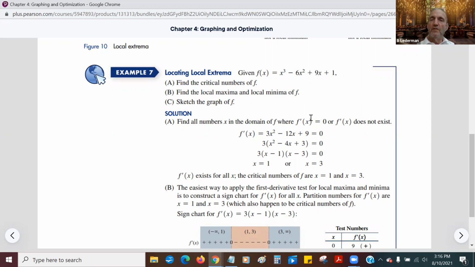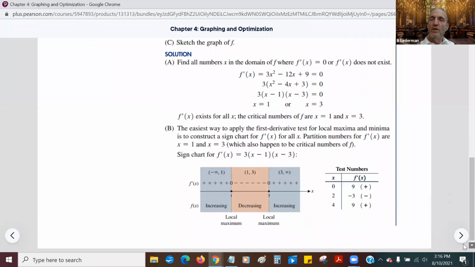So I take the derivative of the original function and get 3x squared minus 12x plus 9 equals 0. Factor out the 3, factor this, and I get x equals 1 and x equals 3. Now we just have to see if the derivative is going from positive to negative. I make a chart of this derivative, 3x squared minus 12x plus 9.